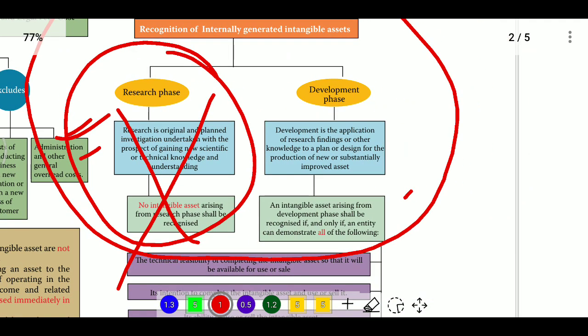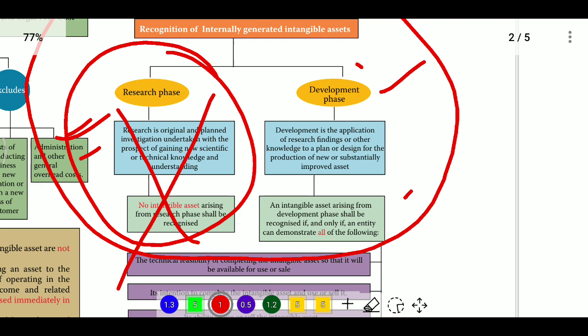Now come to the development phase. In the development phase, there is application of research findings to develop the intangible assets. The development phase starts after establishment of technical feasibility and regulatory approvals.